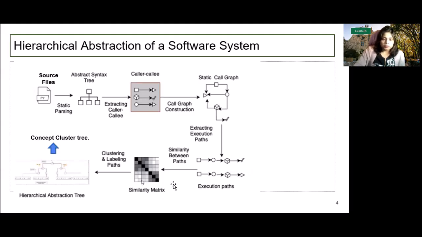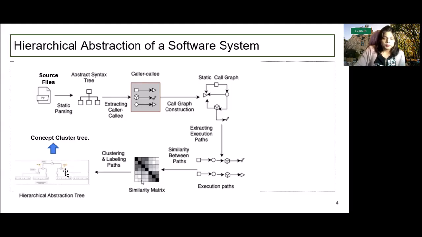And from the similarity matrix, we calculate the clustering of the execution paths, which is the hierarchical abstraction tree. We use the linkage algorithm in Python to develop a dendrogram that builds a hierarchical representation of the source code based on the relationship of the execution paths.